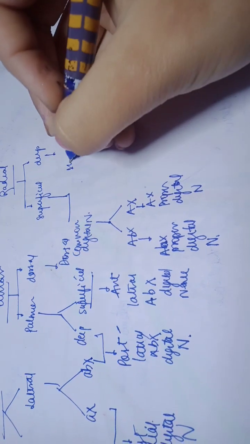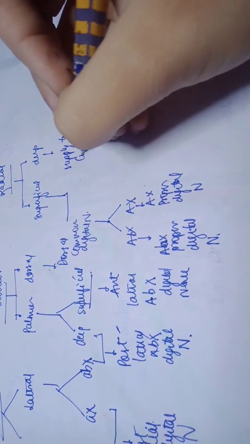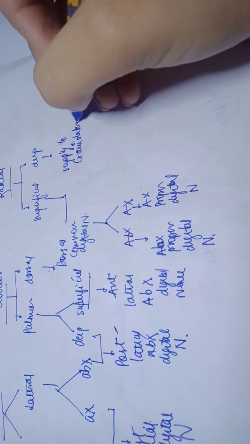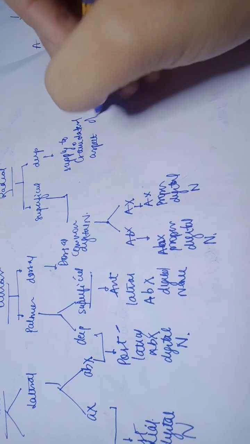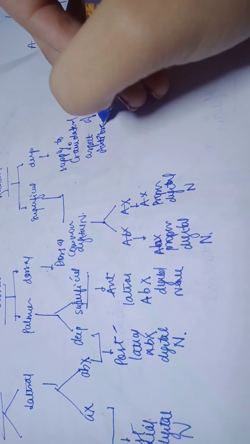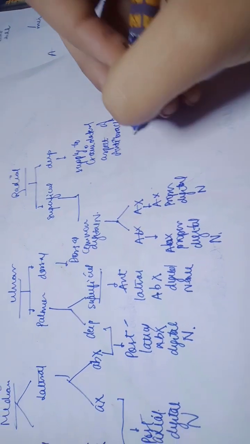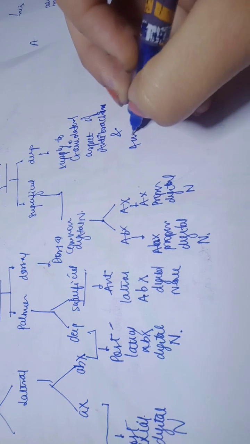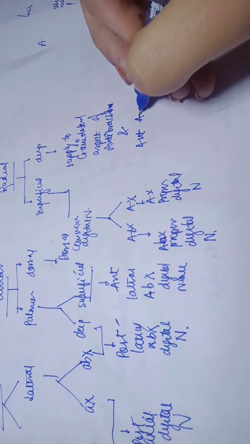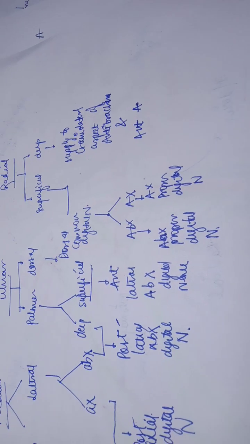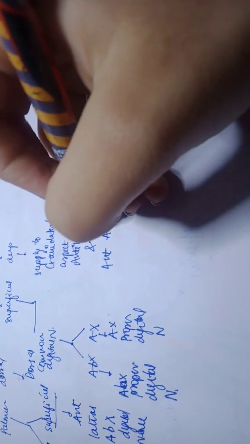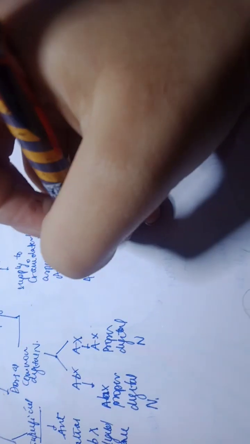The deep one will supply the craniolateral aspect of the antebrachium, and it continues as anterior abaxial proper digital nerve, okay. And this will be the anterior axial proper digital nerve. You add anterior in front of both of these.